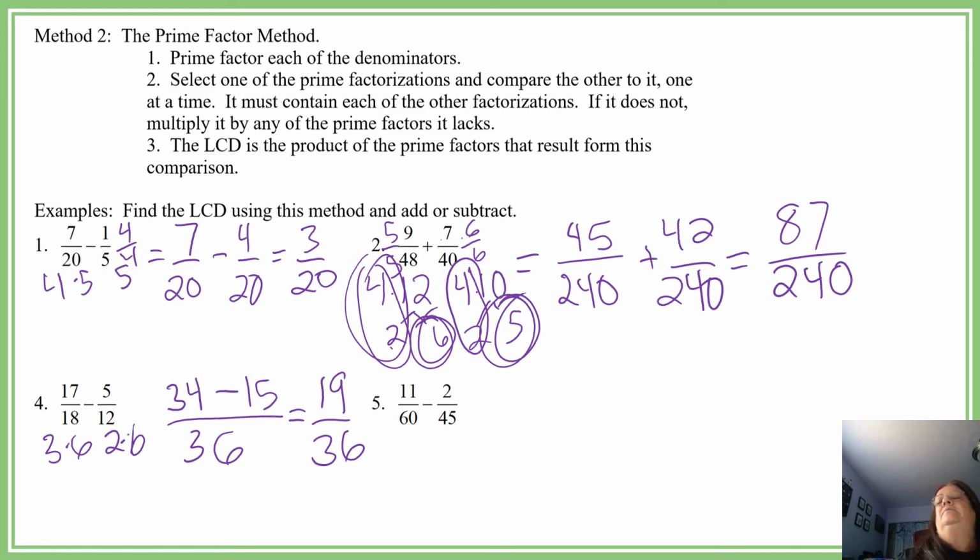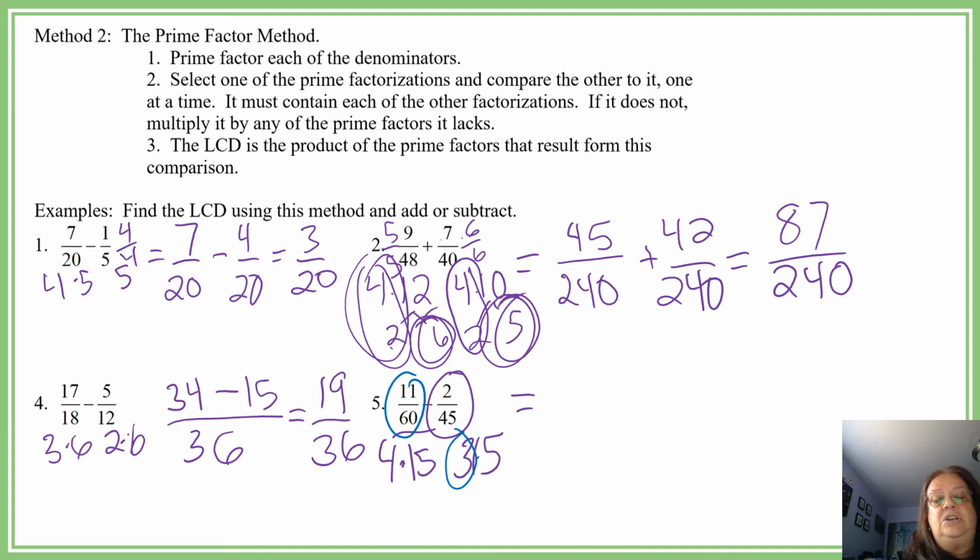60 and 45. Well, they both have 15 in them. 60 has 4 15s, and 45 has 3 15s. So this one has to be multiplied by the 4, and this one by the 3.